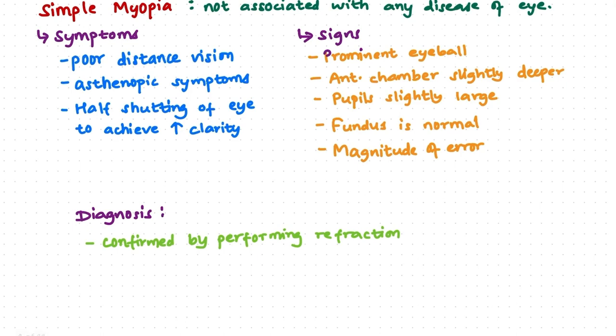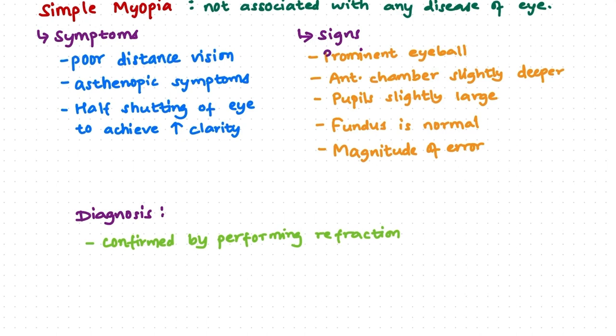Now let's talk in detail about simple myopia. As I already told you, it is not associated with any other pathological condition in the eye, right? Now its symptoms are poor distance vision, of course, and asthenopic symptoms like pain, and half shutting of the eye to achieve increased clarity.